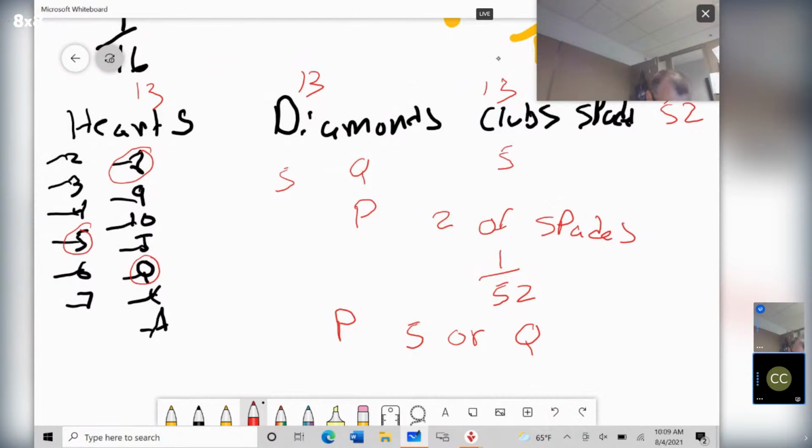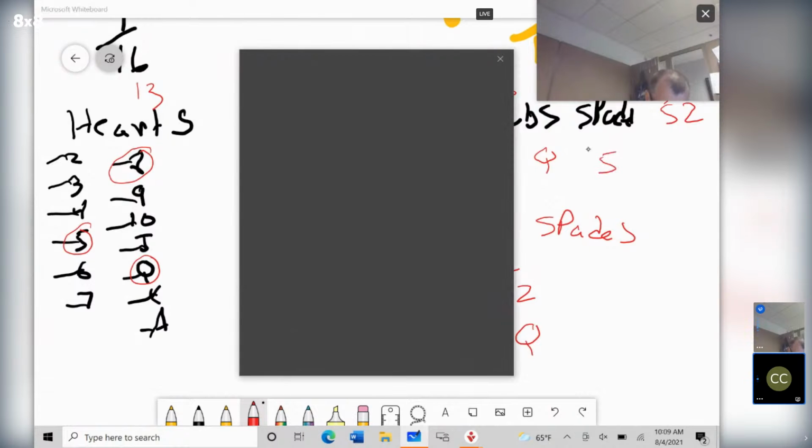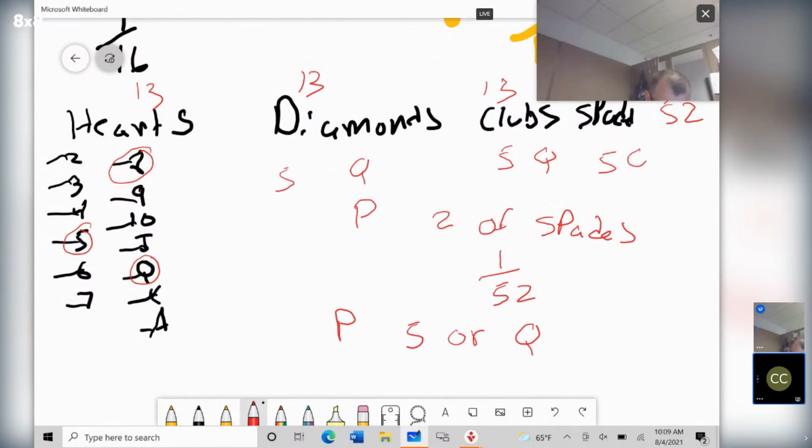Clubs, there's going to be a 5 and a queen. In spades, it's going to be a 5 and a queen. That's going to happen 8 times, 2 in each suit. So that would be 8 out of 52. Once again, this can be reduced.